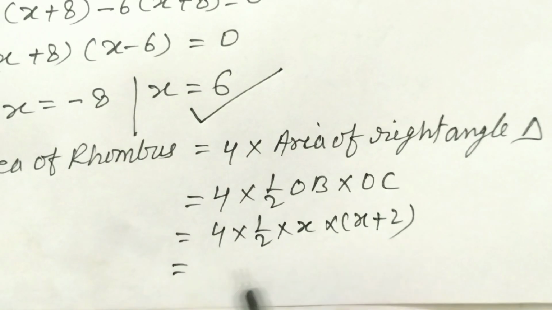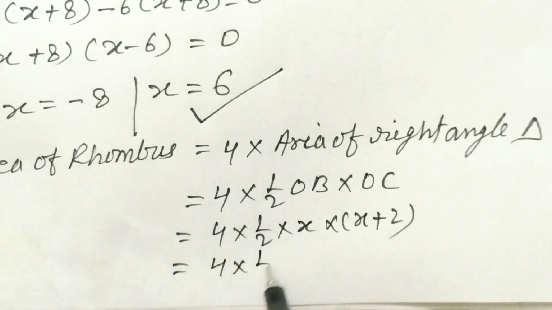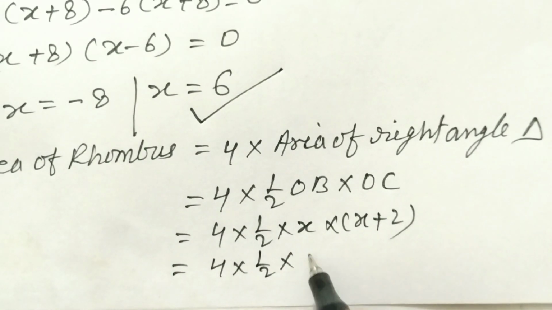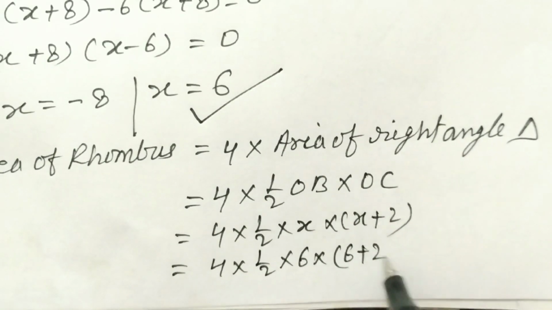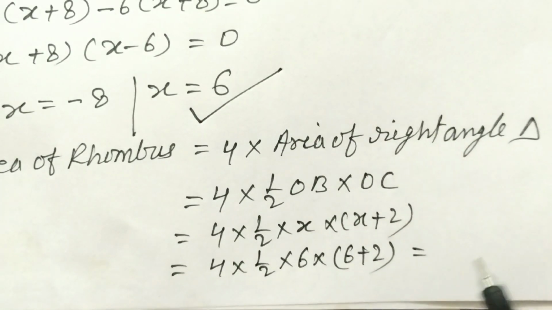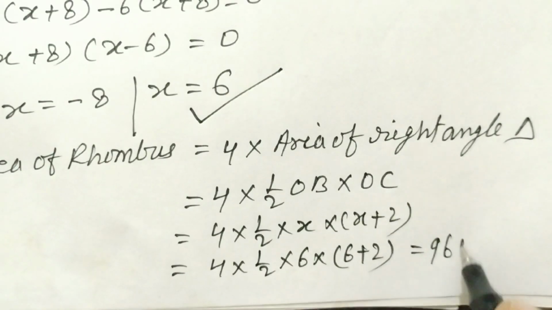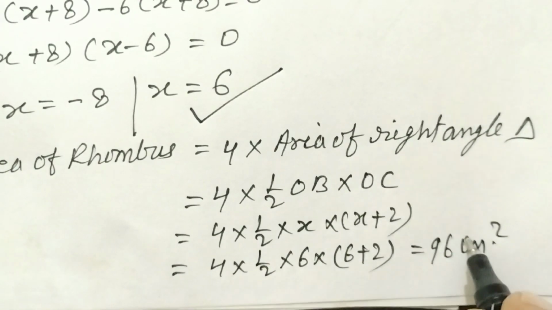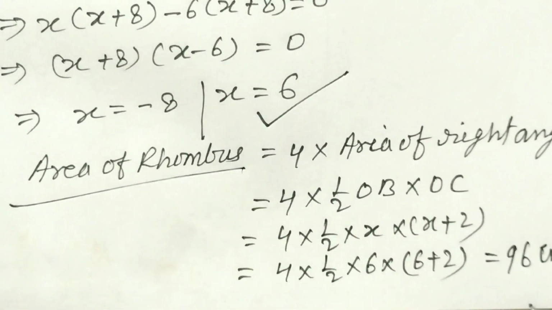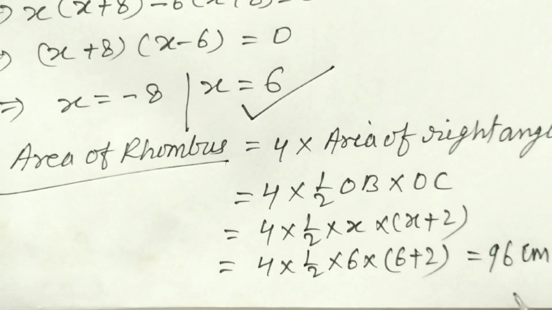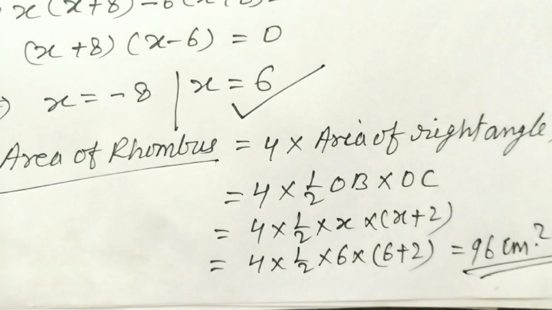If we put the value x equal to 6, 4 into half into 6 into 6 plus 2 is equal to 96 centimeter square. So the area of the rhombus will be equal to 96 centimeter square. Okay friends, thank you.